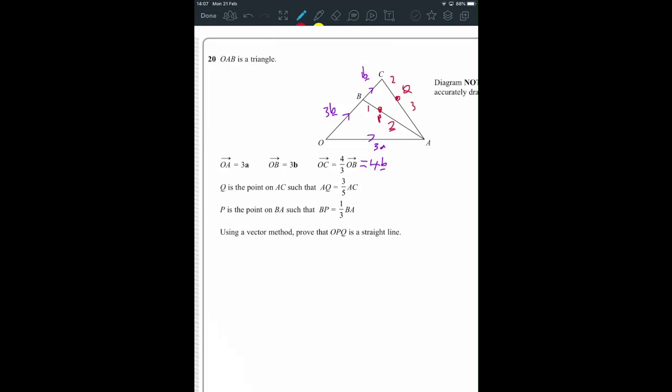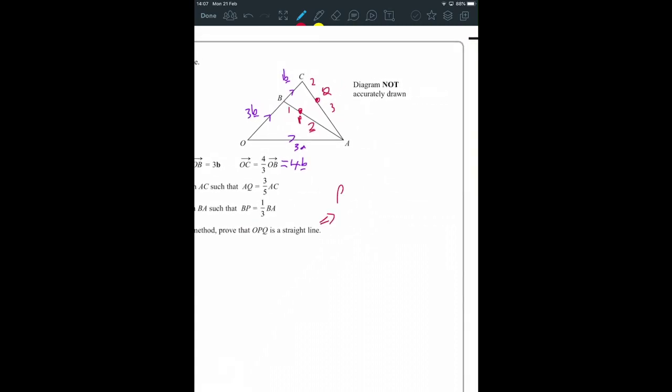Now, the method of proof here, and our kind of plan, is we're going to find both OP and OQ, and if they form a straight line, then these are just multiples.